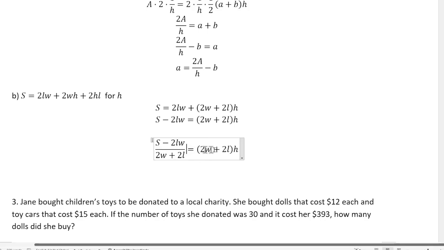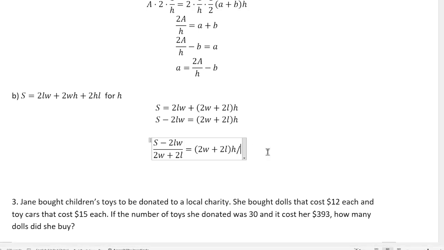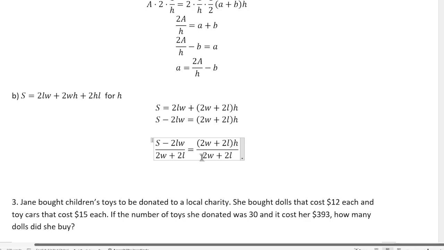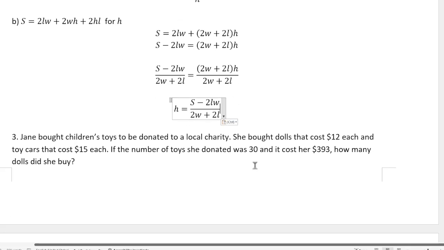Same thing here. Divide by 2w plus 2l. And as an end result, since this is same as this one, that's going to cancel away, leaving you just h, and that's going to be equal to this, which is the simplest you can get.